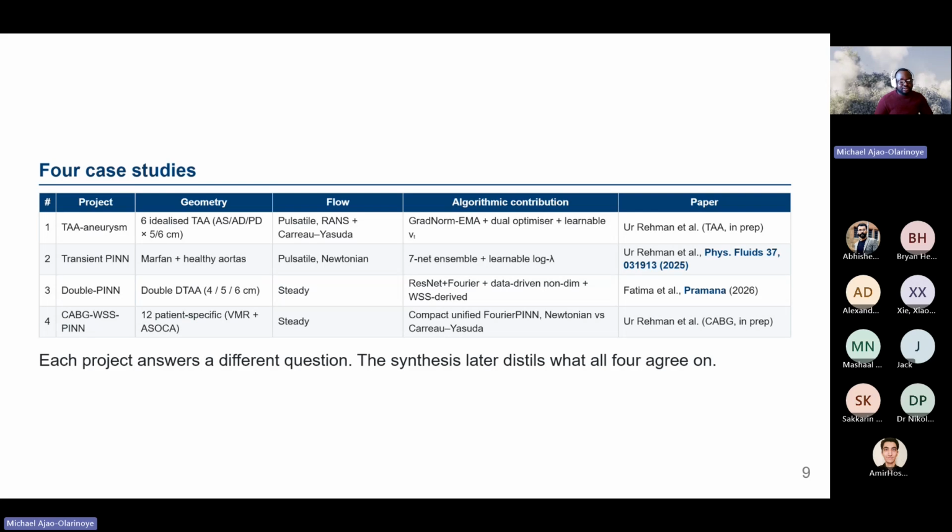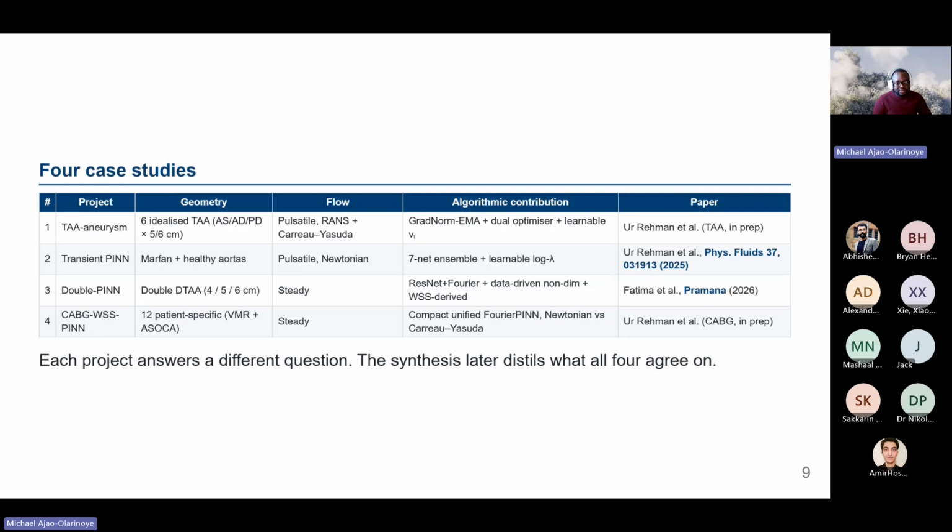And we also worked on the transient PINNs that looked into Marfan syndrome and so on and so forth. That one had a 7-neural-network ensemble-style model, and what we used for learning the loss weights is the learnable log-negative form of it.